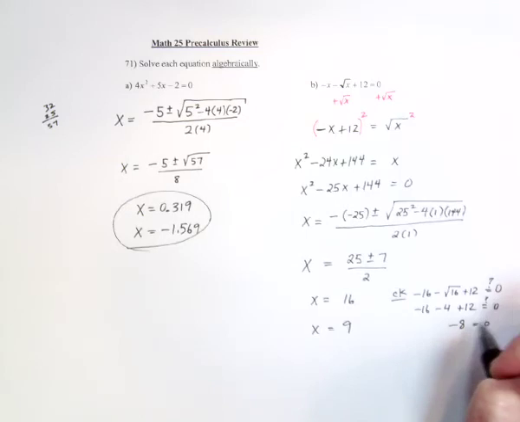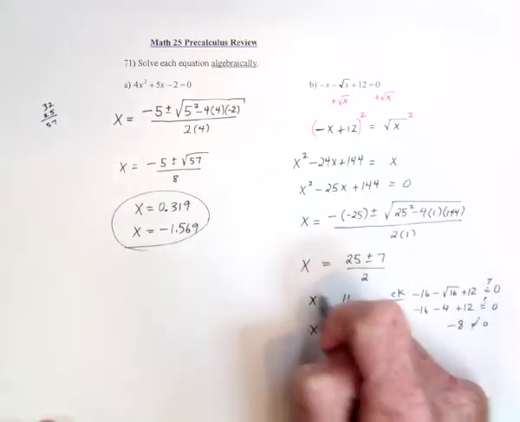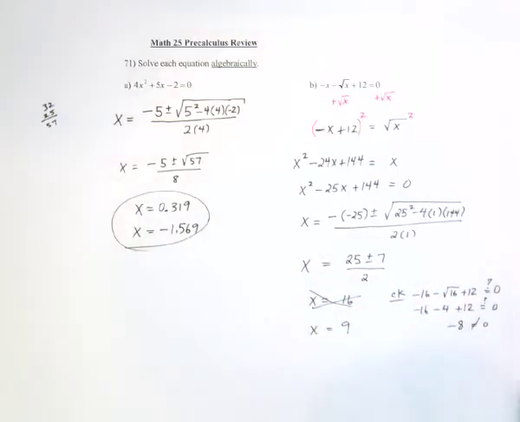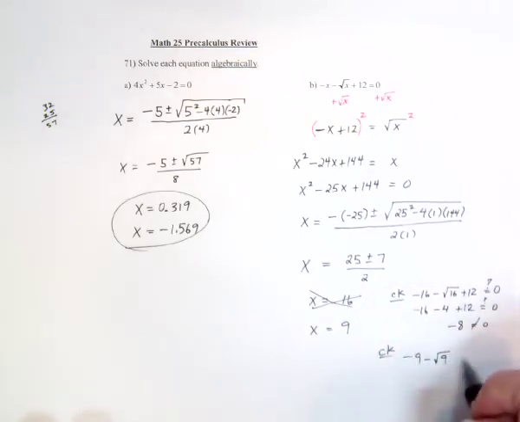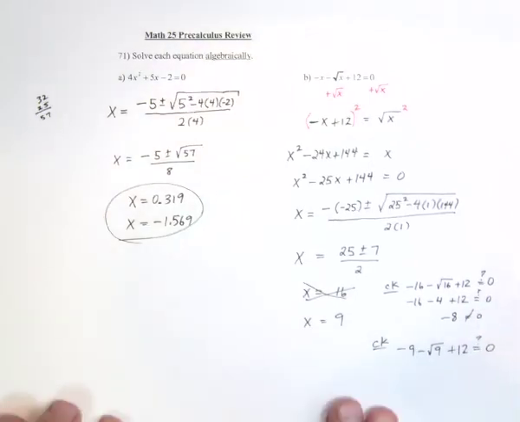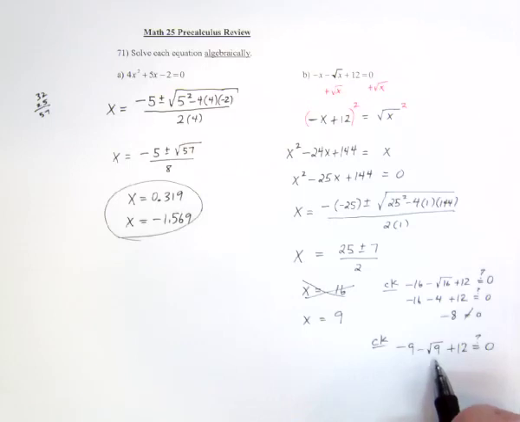Equal to 0? No. So this one does not work. And then if you check the 9, it's going to say negative 9 minus the square root of 9 plus 12. Does that equal 0? Well, this is going to be negative 9 subtract 3 makes negative 12 plus 12. Yep, that one works. So the 9 is a keeper, but throw away the 16.